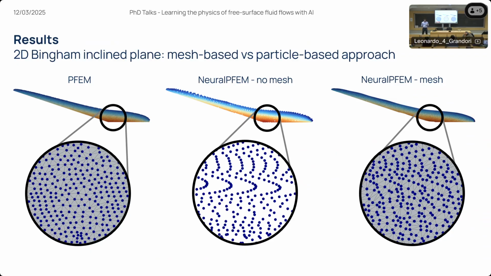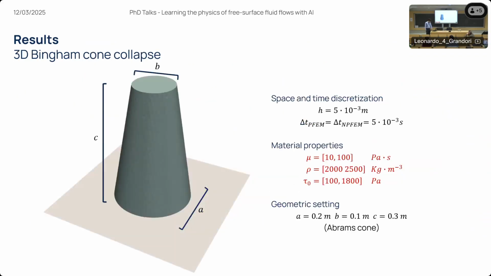In the PFM, we have some tools that are able to keep the node distribution and the mesh quality high, while without using the mesh, the particles during the simulation tend to cluster and go into a distribution that is no longer uniform.